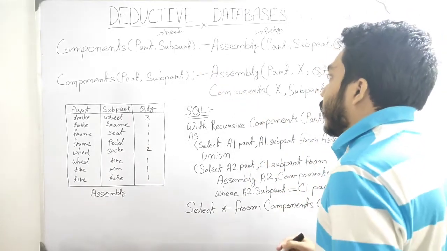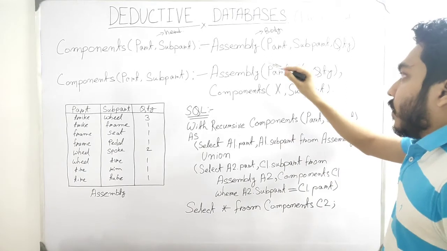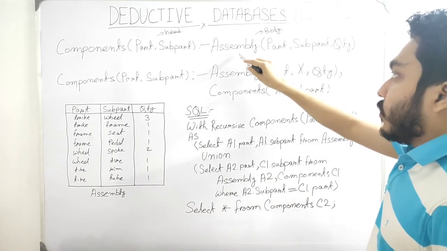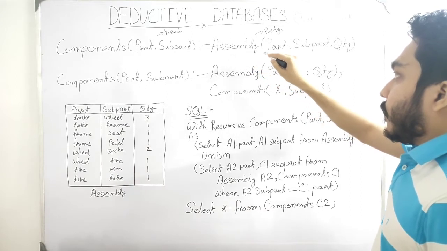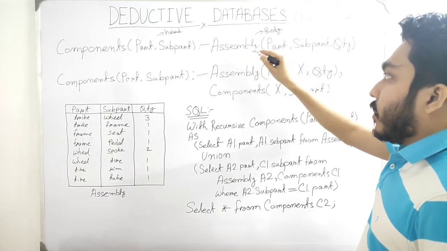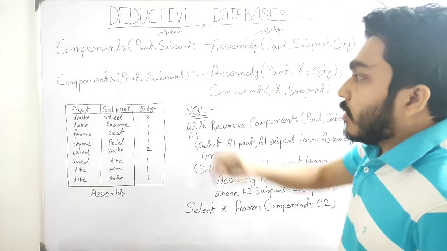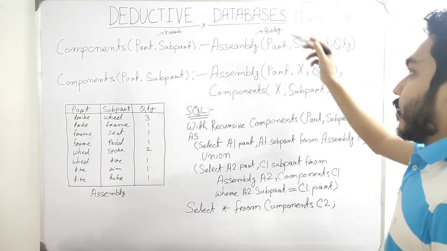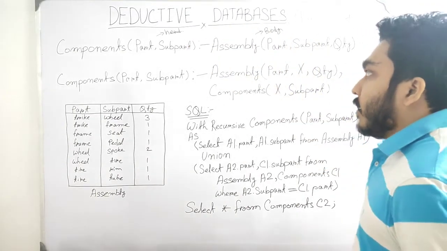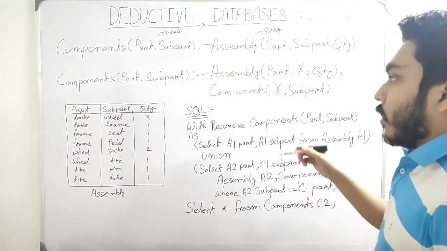If you remember, in rule 1, whatever tuples are present in the assembly relation will also be present in the component relation, because whatever is present in the body should go to the head.